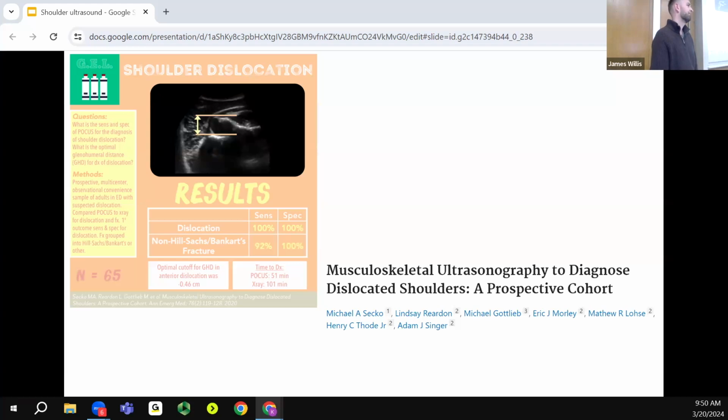Also, I always worry about the fractures. You can see disruptions of the bones on ultrasound. Sure. So you would argue that you want to get an X-ray before you reduce. If you have a high clinical suspicion, then you would just get that X-ray.